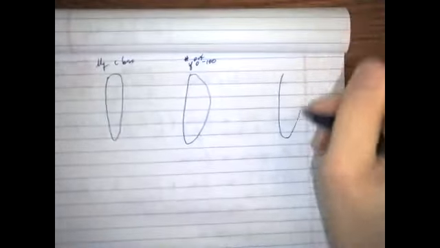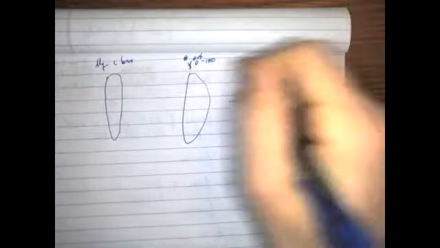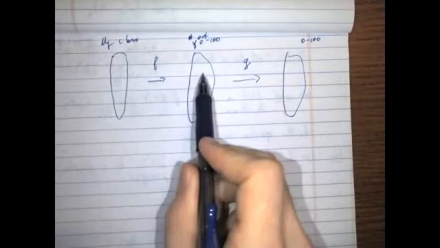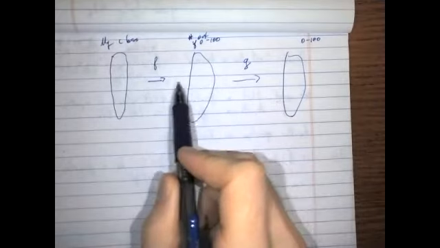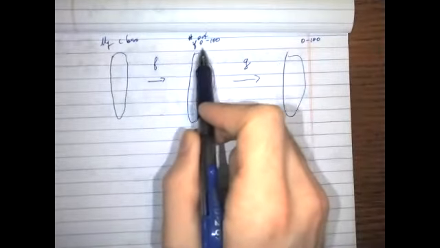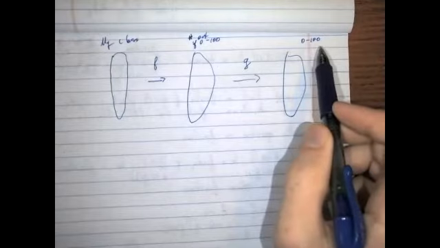This could be interpreted as f assigning to each student their raw score, and then g provides a curve, right? g is some function which takes me from the numbers from 0 to 100 to a different collection of numbers from 0 to 100.